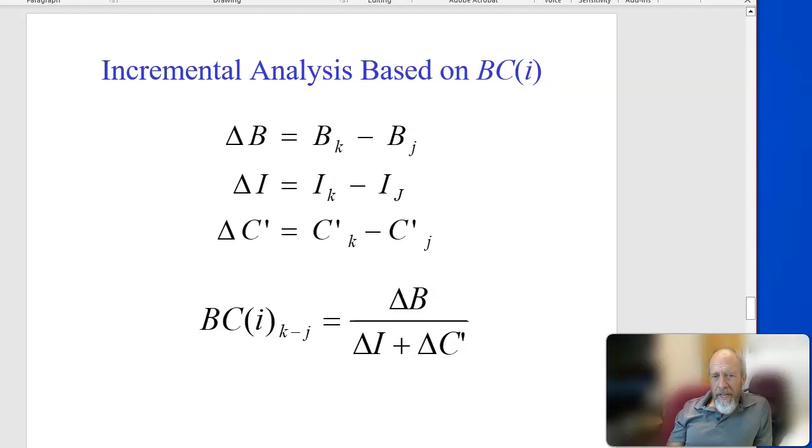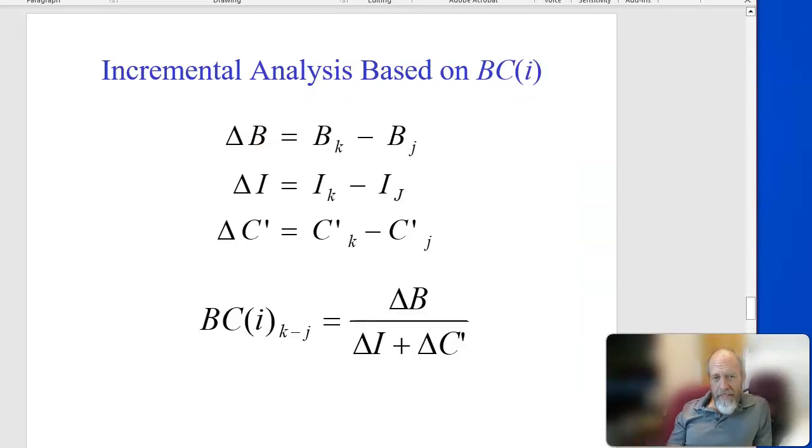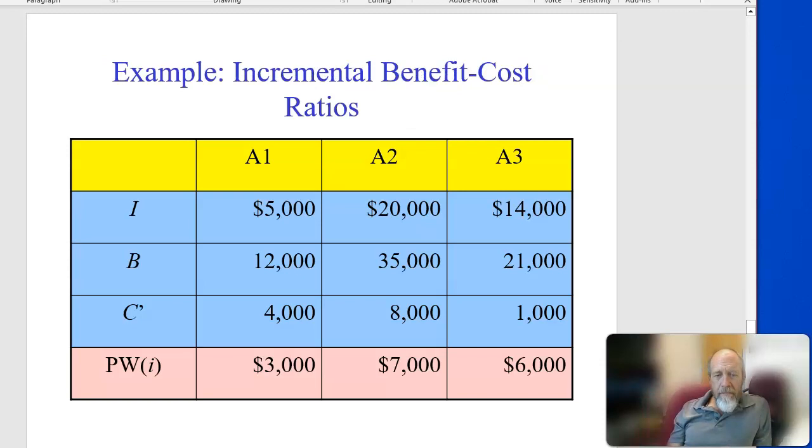It's a delta of a project versus another project. So if you break the projects down into I, B, and C prime, those are the 3 variables we had in that last set of equations: the benefits, the investment cost, the recurring costs, or O&M costs. Then get them all down onto a table.